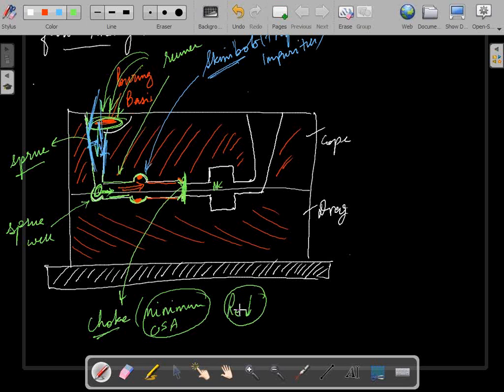Because if high turbulence liquid molten metal is entering the mold cavity, it will cause a lot of agitation inside the mold cavity, and it will also cause erosion at the mold cavity walls, which will trap sand particles inside the liquid molten metal, and when it solidifies, it will not be a pure solidification. So you have to reduce the flow velocity of the molten metal.